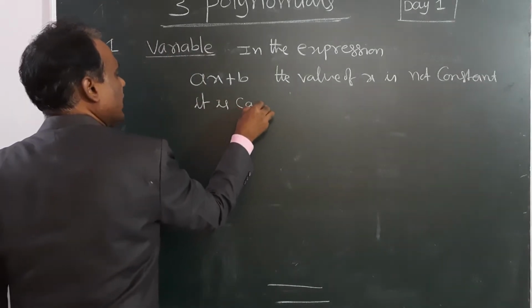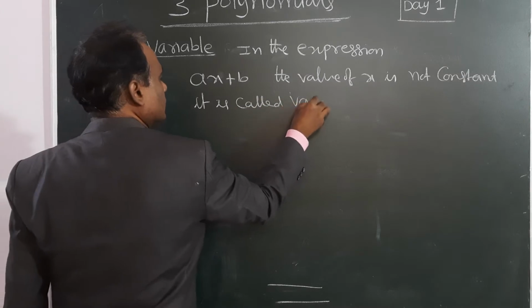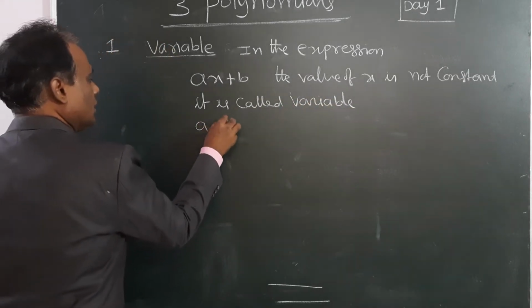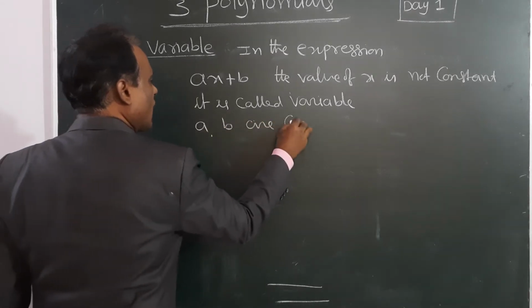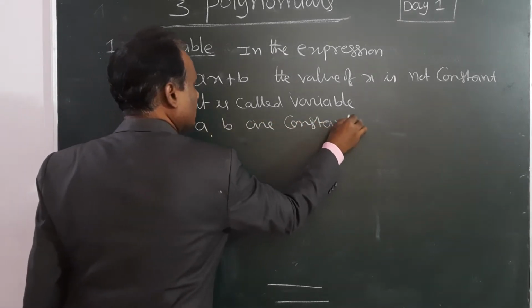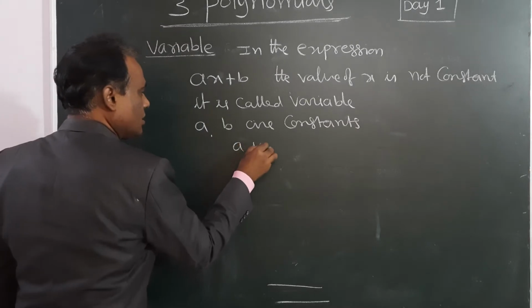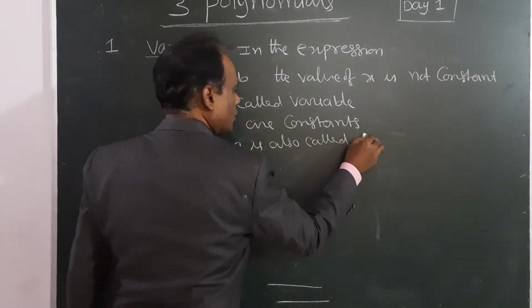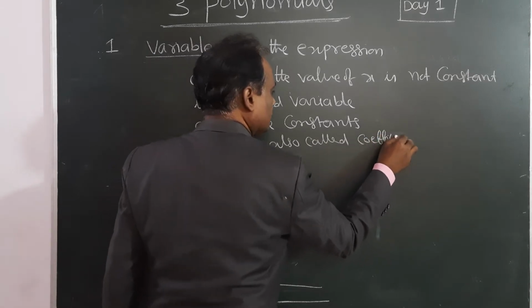It is called a variable. a, b are constants. a is also called the coefficient of x.